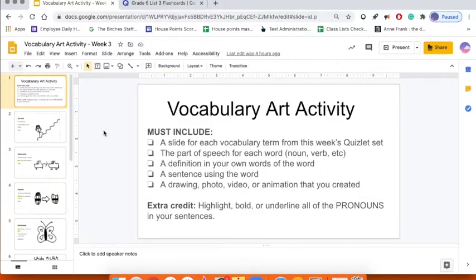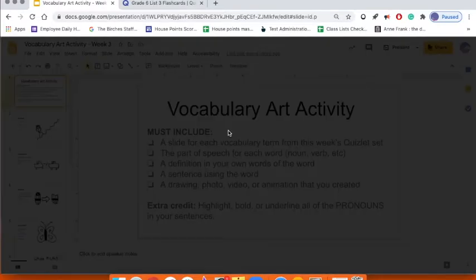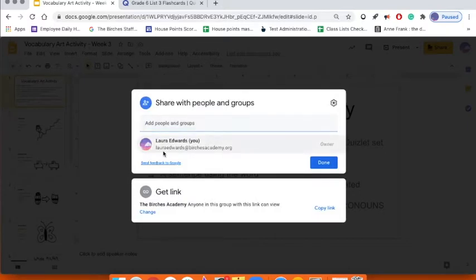Because I'm trying to not clog up the Google Classroom with a bunch of assignments, I would like you to share your presentation with me by hitting the share button and then entering my email, which is there. You can also just copy it right from there and paste it.